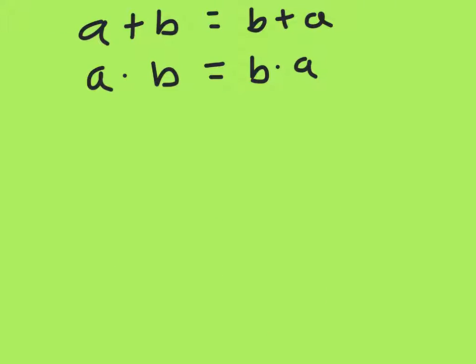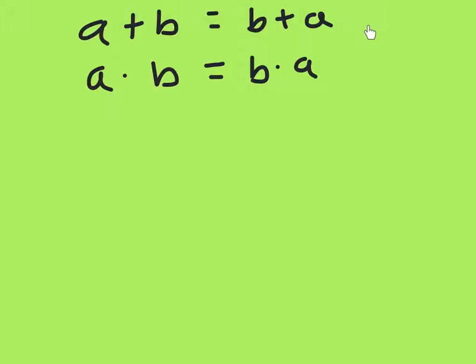You're also going to see that these properties can be expressed using variables as we have here. You'll notice on the top, you have A plus B equals B plus A. All you need to remember is that A and B stand for two different numbers. So when you have A plus B equals B plus A, can you think of what property that is?